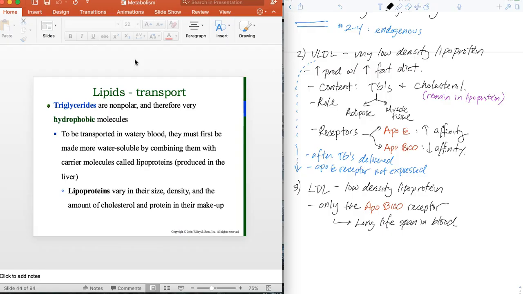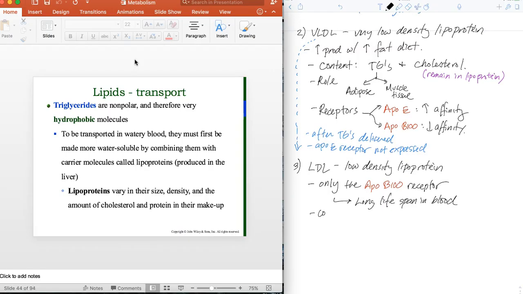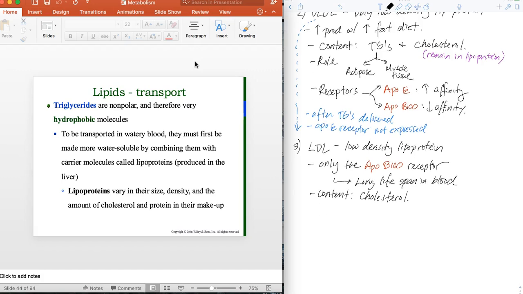So what was left in terms of their content? The triglycerides were delivered, so these guys are mainly going to have cholesterol. The LDLs are the ones that can cause damage to your blood vessels.